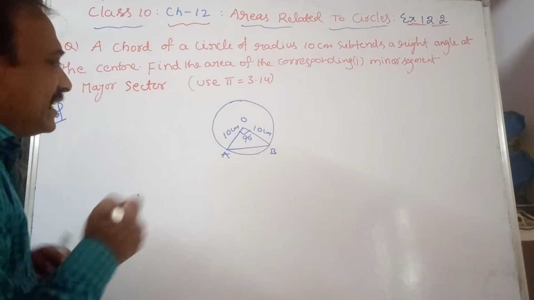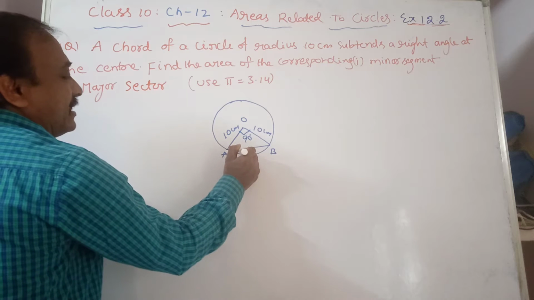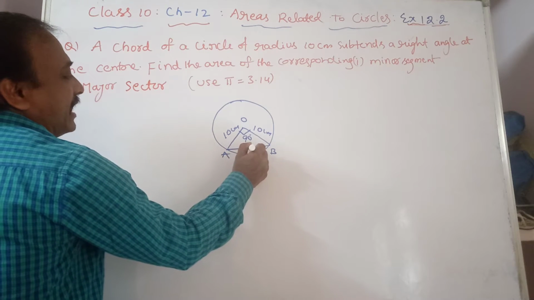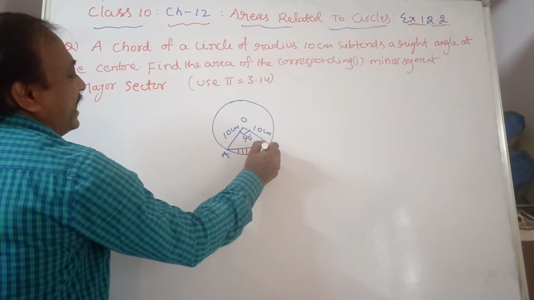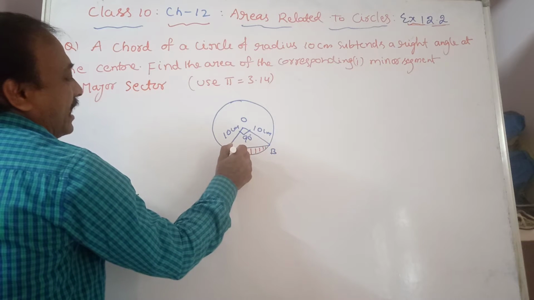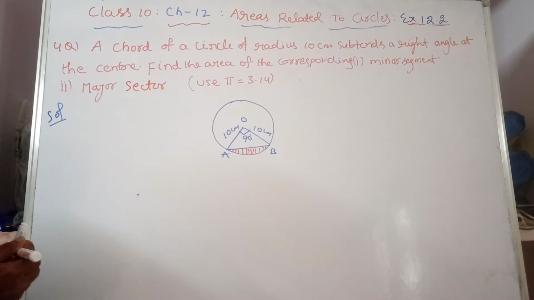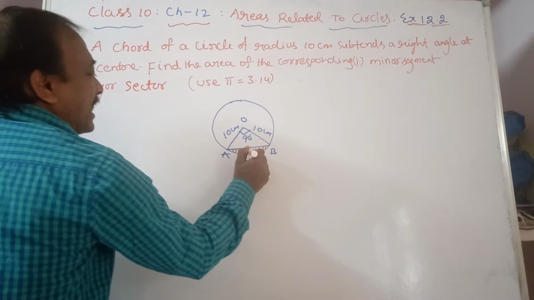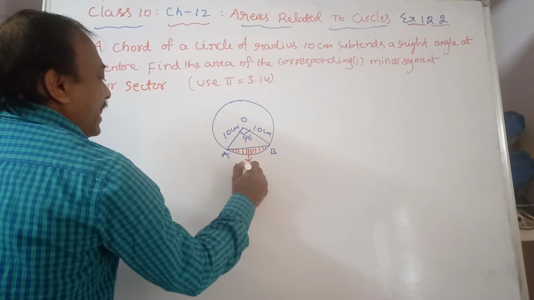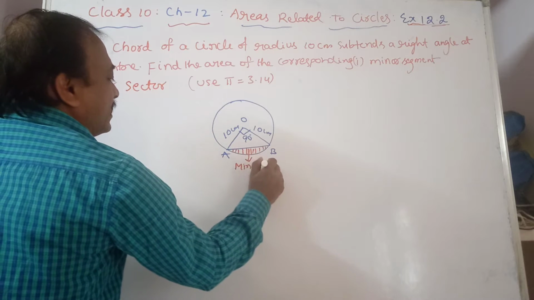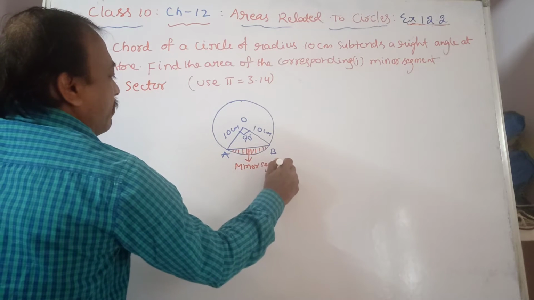This is the region between the corresponding chord and the minor arc. This is the minor segment. Observe it.